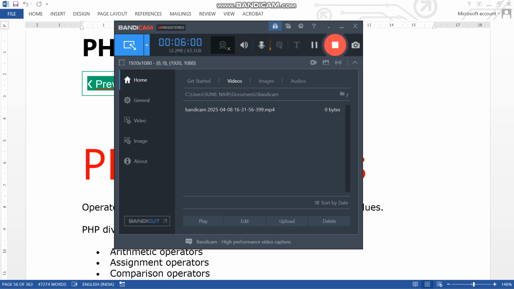ICICI Bank took some money from the cricket industry and told that we want this Champions Trophy. So they collected all the information about who might create problems for the Champions Trophy.